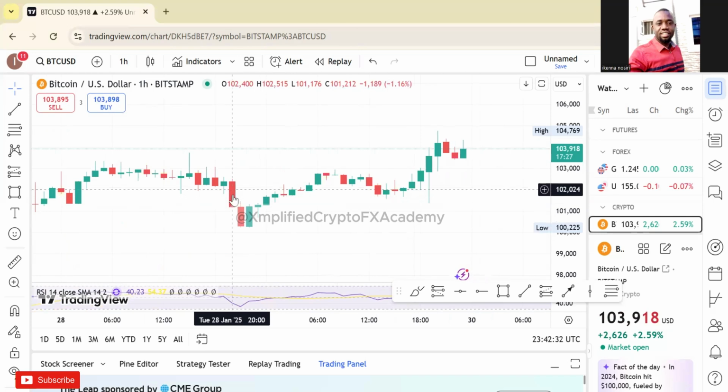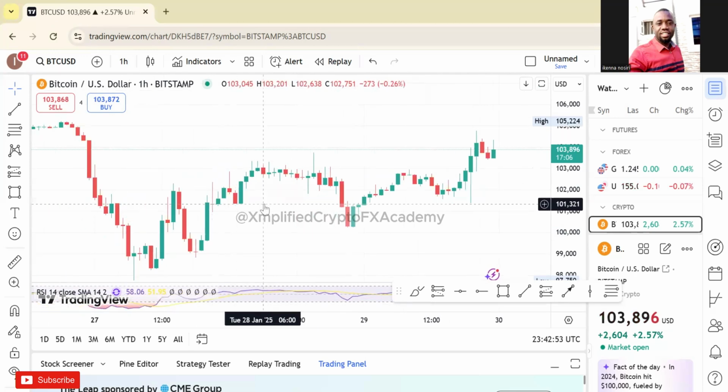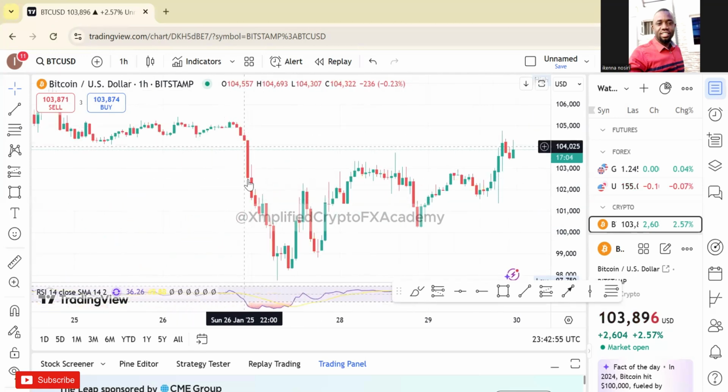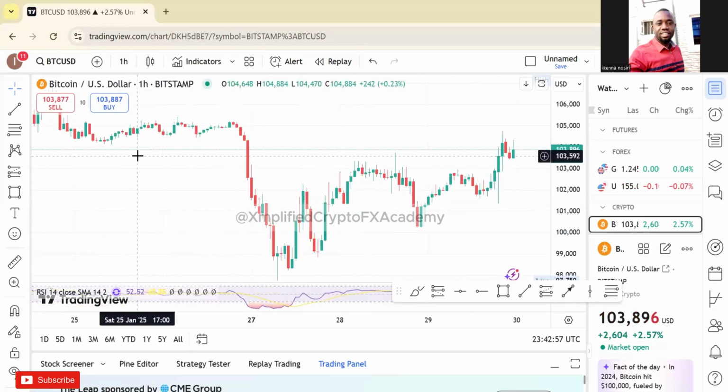This red candle you're seeing here represents a bear candle, a bearish candle, where people are selling off the asset, Bitcoin. So whenever you see red, red, red, it means people are selling and massively dumping the token.